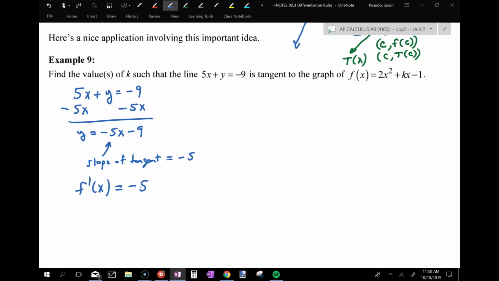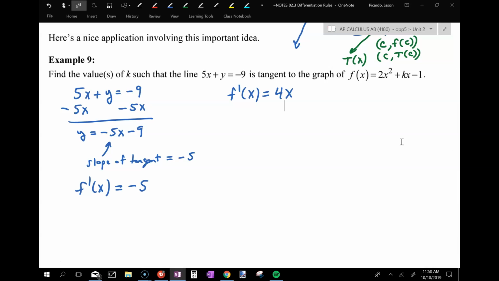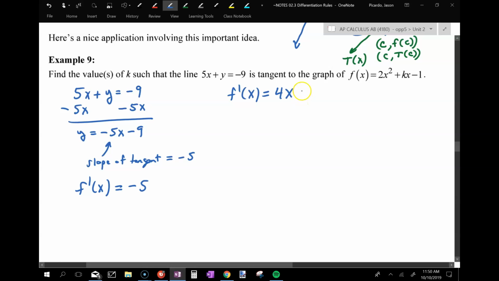We want the derivative of this curve to equal -5. Do we know what the derivative of this curve is yet? No, but can we figure it out, at least in terms of the x and the k? Yeah. So the derivative is going to be what? What is the derivative of 2x squared? What is the derivative of kx? K, because it's a line, right? With a slope of k. What's the derivative of -1? 0.